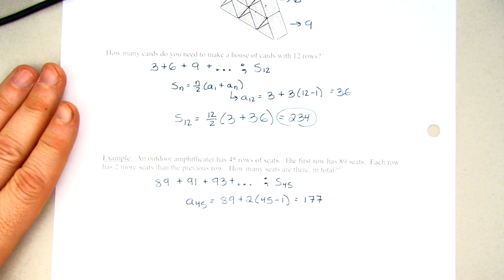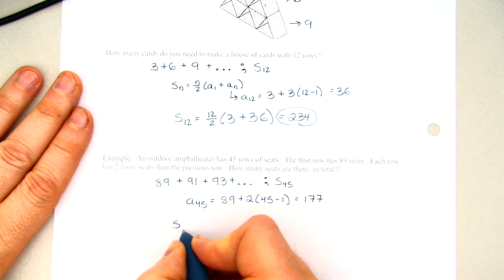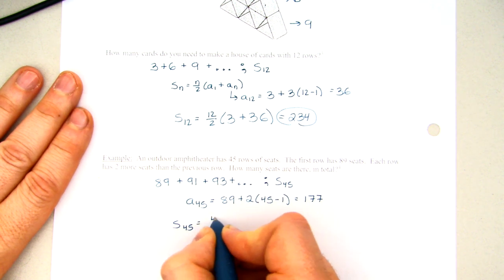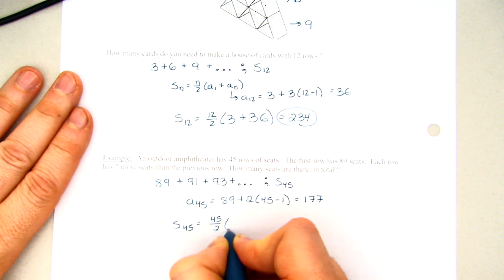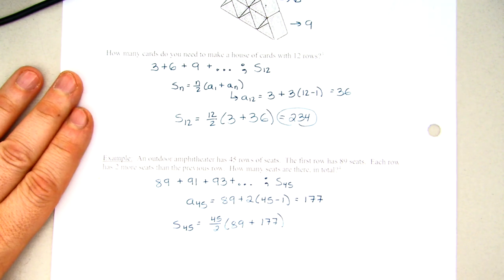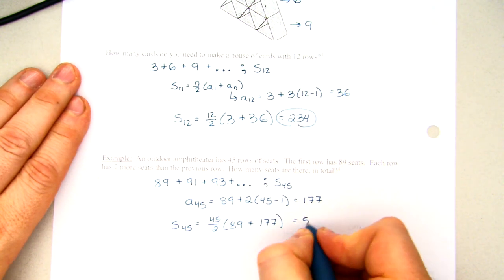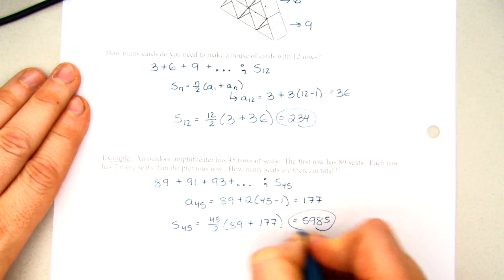That means in the last row, there are 177 seats. So now, S sub 45 will be 45 over 2 times 89 plus 177. That gives 5,985.